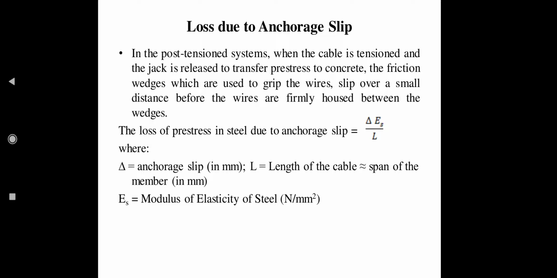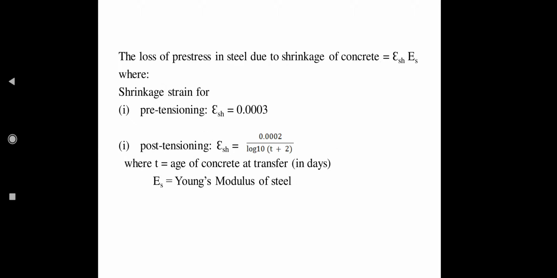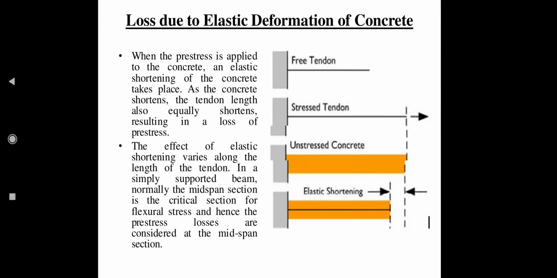Now coming to anchorage slip, loss due to anchorage slip. So loss due to anchorage slip occurs only in post-tension members. Why this loss occurs is because, let us consider this member as a post-tension member.